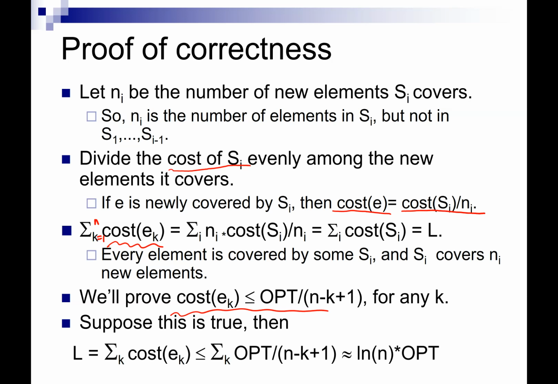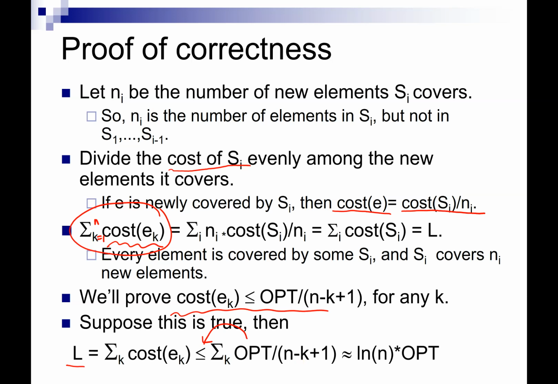Now if we can show this bound, then we can actually prove the approximation ratio, because the total cost L is equal to the sum of the costs of all these elements. If each one of these, for the kth element, is at most the optimum cost divided by n minus k plus 1, then we can just take this optimum out over here, and we're left with this sum, which is the sum of a harmonic series.